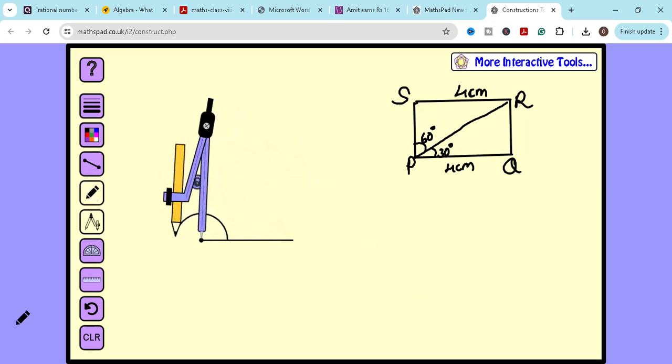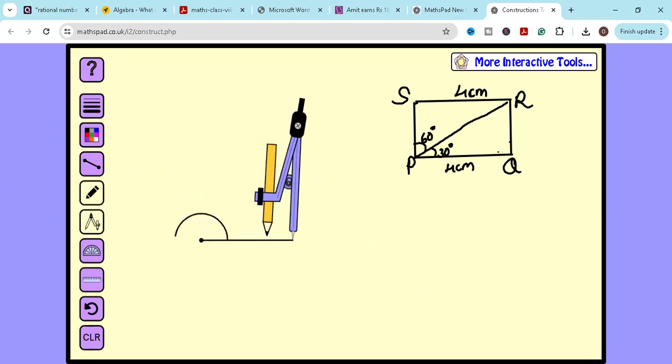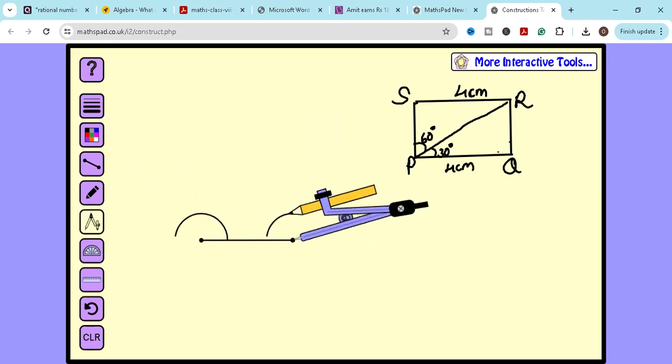And remember, we are making 30 degrees, we have to make this as 90 degrees as well. So I'm making one more arc over this side.